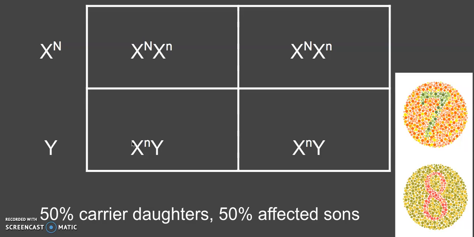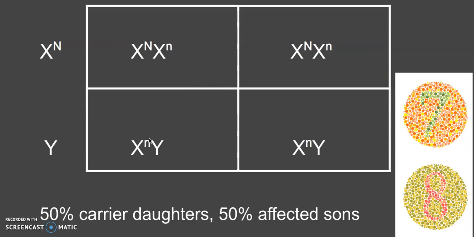Let's go through another example. So here, if mom is colorblind, again, pretty rare, but dad is not, then this daughter is going to be heterozygous, meaning she's a carrier. This daughter is going to be heterozygous, meaning she's a carrier. This son can only get a little n allele from mom.